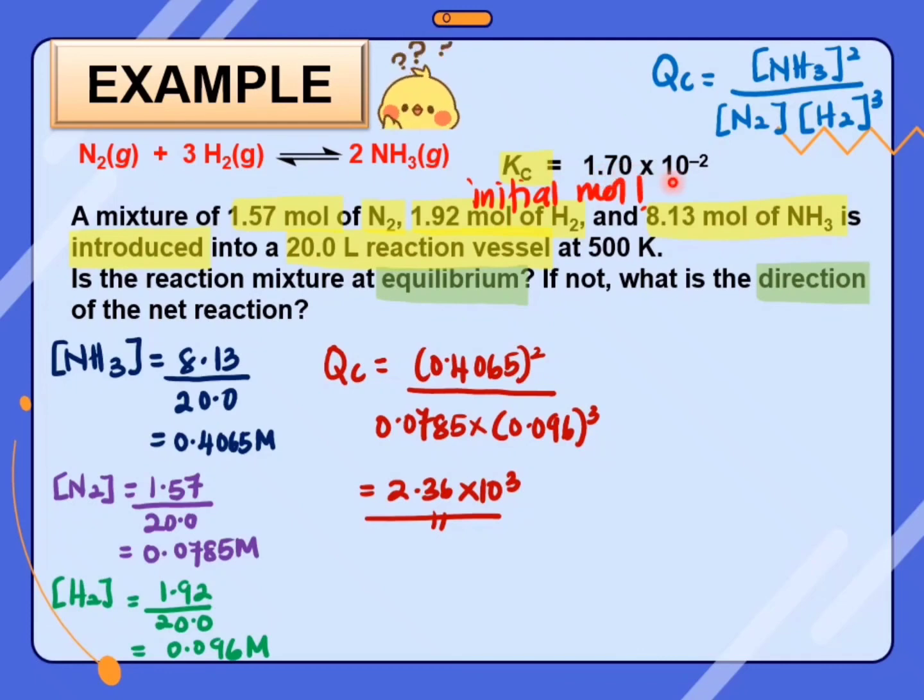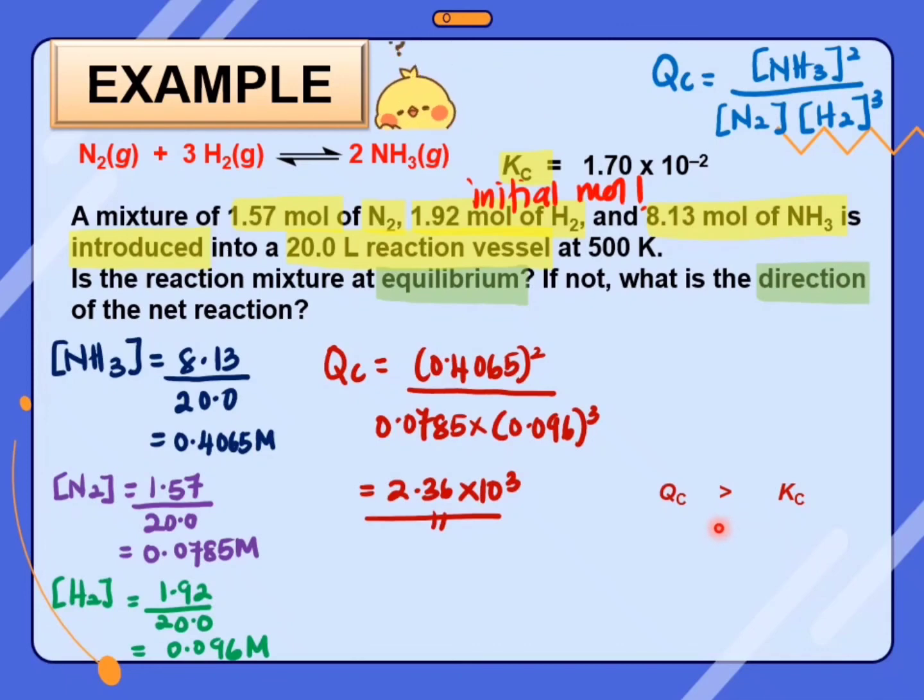Our KC is 1.70 times 10 to the power of negative 2. So if you compare the values, QC is more than KC. So this system is not at equilibrium.